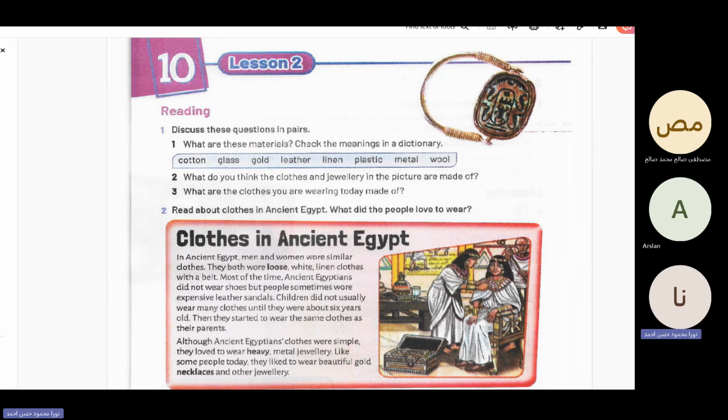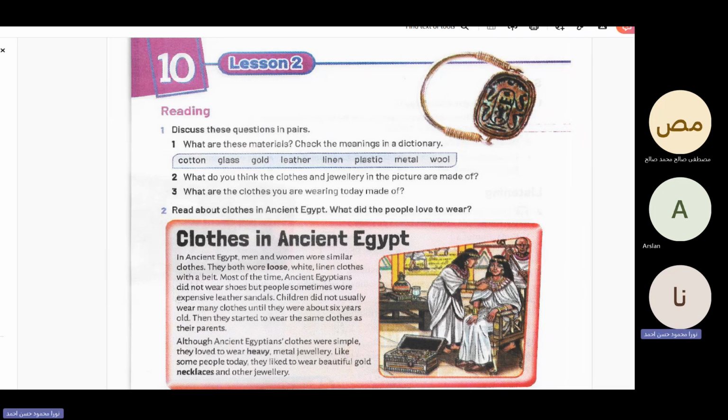Then they started to wear the same clothes as their parents. Although ancient Egyptian clothes were simple, they loved to wear heavy metal jewelry, like some people today. They liked to wear beautiful gold necklaces and other jewelry.